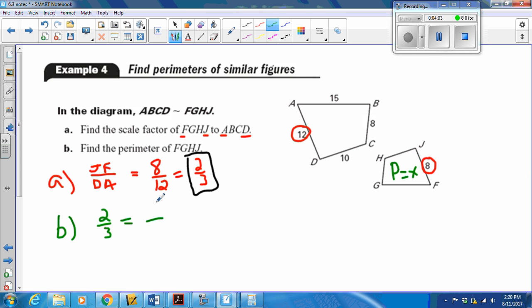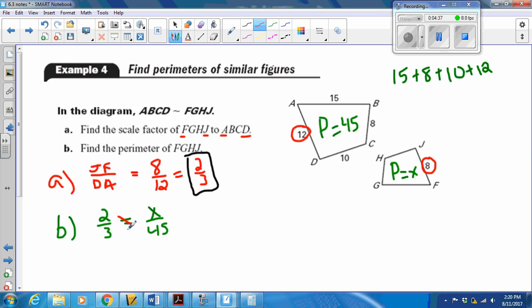Now that perimeter we are unknown of, so that's going to represent as X. But if we look here, right, if we look at ABCD, all of the sides have values, meaning that we can add up all of the values and get our perimeter. So all we do is 15 plus 8 plus 10 plus 12. Once you've added all that, we should get the answer of 45. And so here we have 45 on the bottom, or in the denominator.